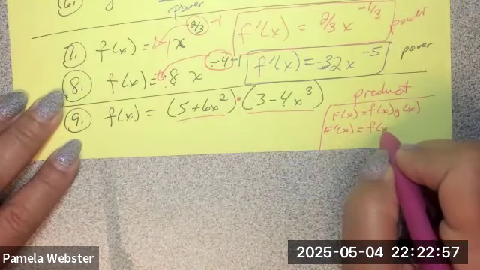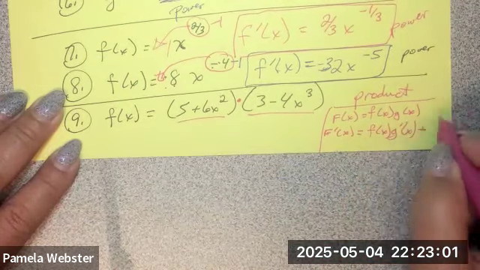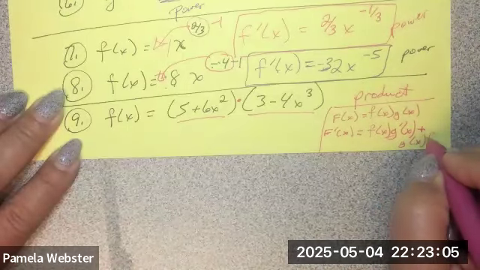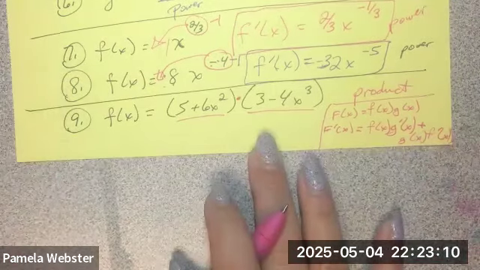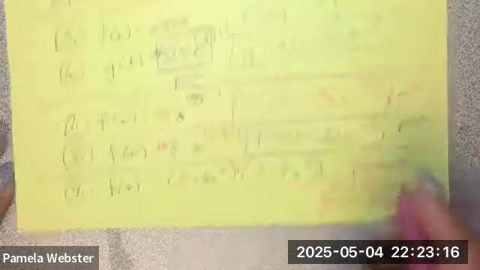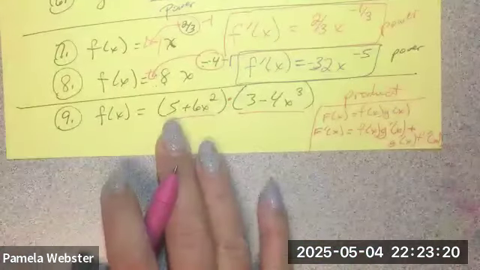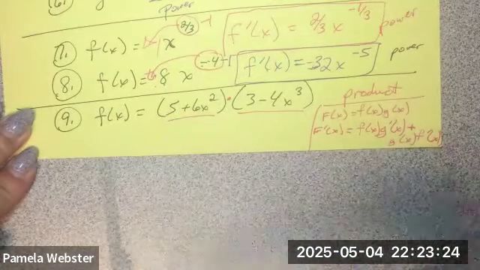The first guy times the derivative of the second plus what? The second guy times the derivative of the first.